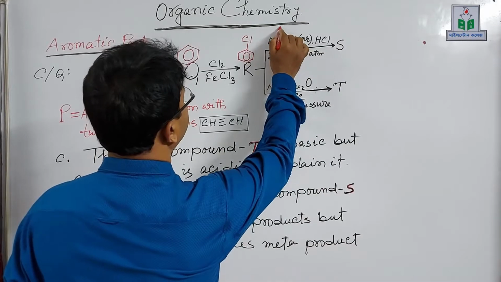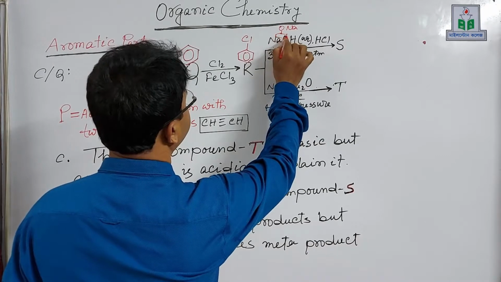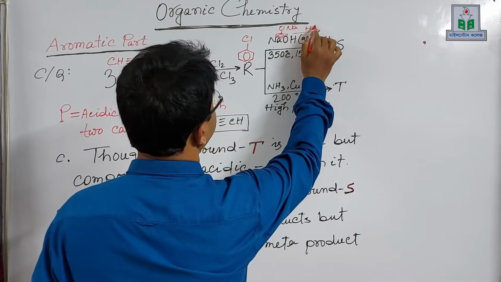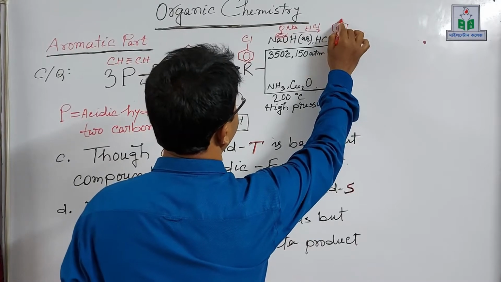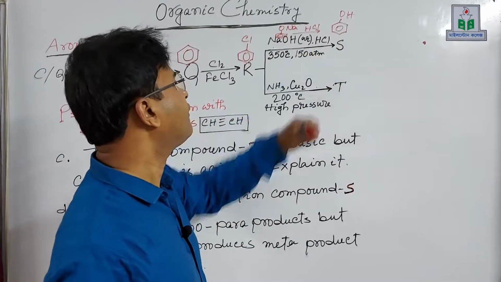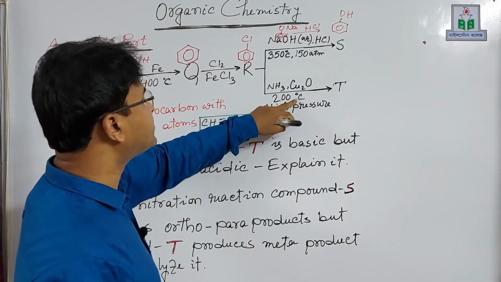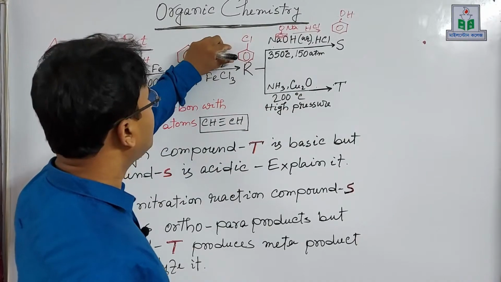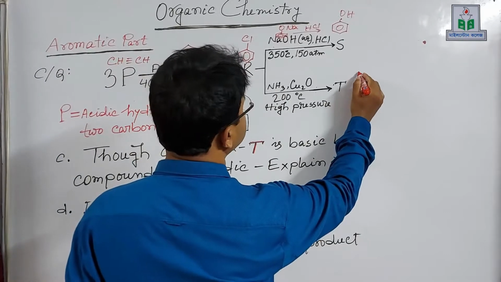Then this sodium phenate reacts with hydrochloric acid to produce phenol. Actually S compound indicates phenol, and again at 200 degree centigrade temperature, in the presence of cuprous oxide, chlorobenzene reacts with ammonia to produce aniline.